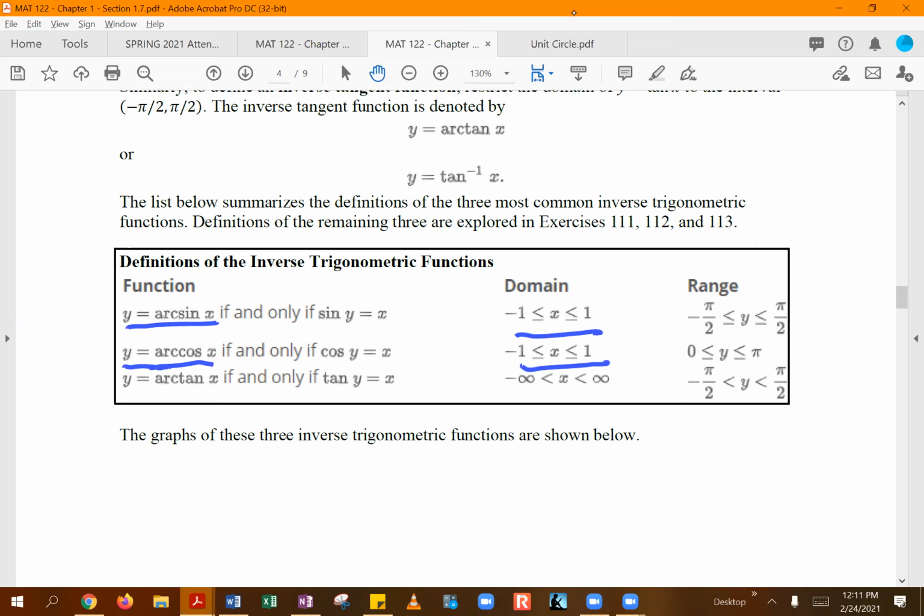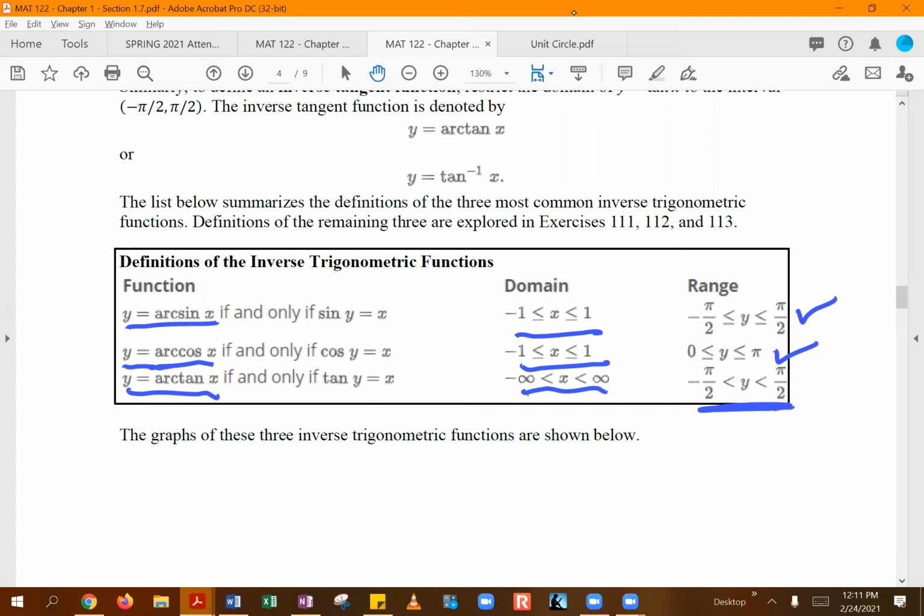However, the range for both functions is going to be different, because for arc sine, your range goes from -pi halves to +pi halves. Arc cosine will go from 0 to pi, just because of the way the functions start and end. For the tangent function, the arc tangent will be its inverse function. So this will actually have no restrictions. You're going from negative to positive infinity on the domain, but then your range is only going to be between -pi halves and +pi halves.